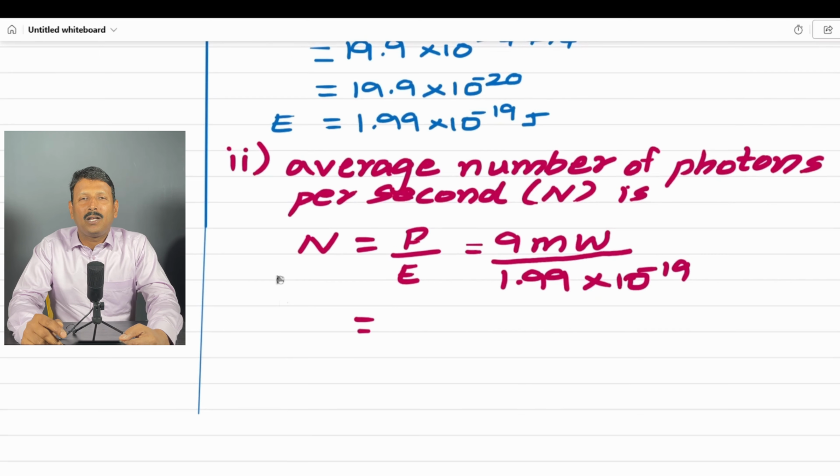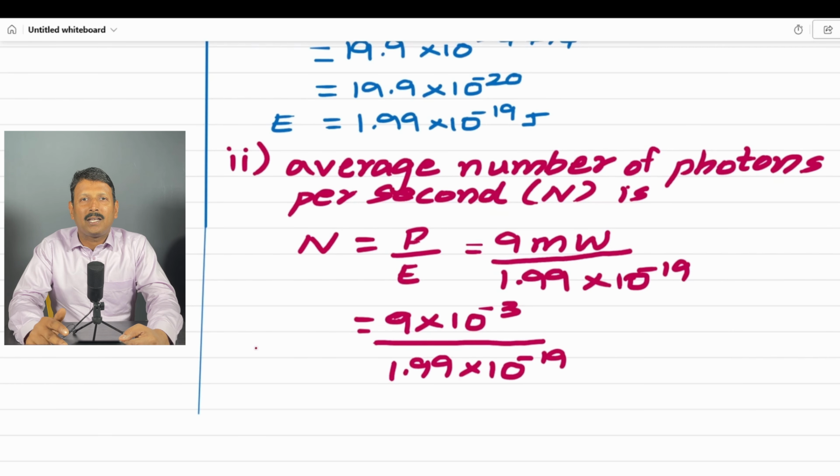Then substitute the value: 9 milliwatt divided by 1.99 into 10 raised to minus 19. We have to write in standard form, so 9 into 10 raised to minus 3 divided by 1.99 into 10 raised to minus 19. Now take the 10 power to the numerator. So 9 by 1.99, we can take the denominator approximately 2, right?